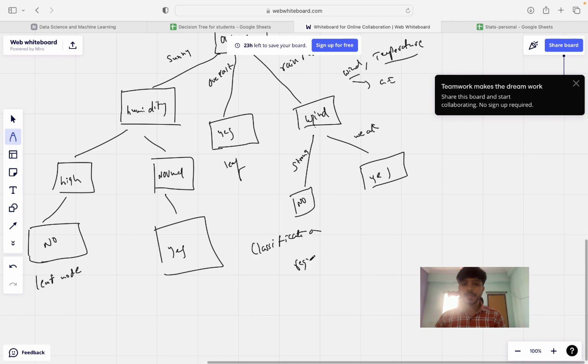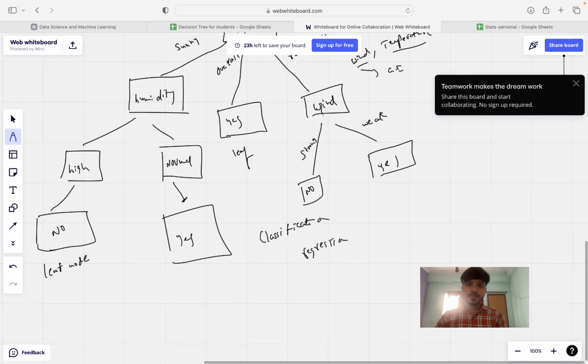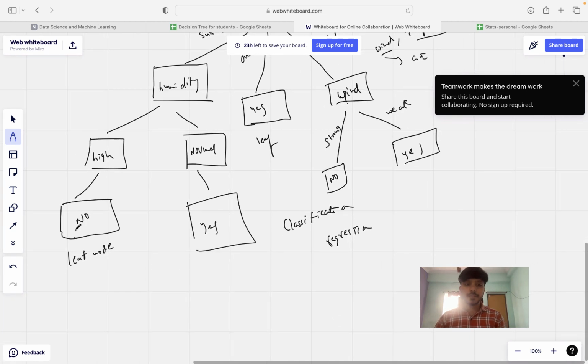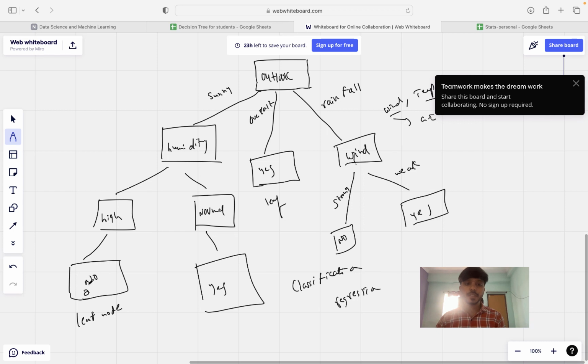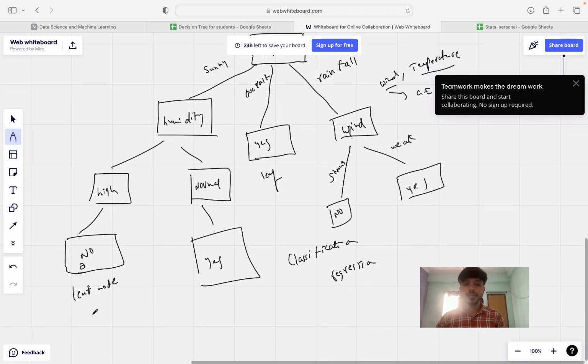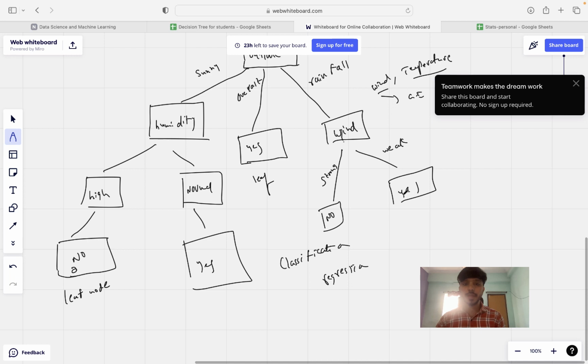If it was a regression problem, where the target variable is a numerical variable, then you take the average of all the values within the leaf node you have reached. That average will be your output: the average of all the values in the leaf node in a regression problem.